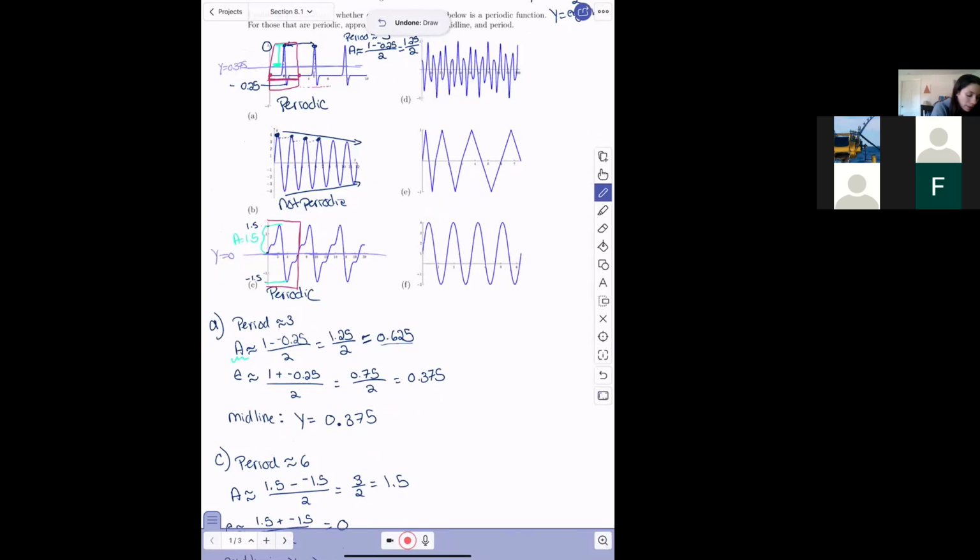D is not periodic. This one's kind of hard to track. You might think at some point that something has to be repeating. But if we just pay attention to our highest peaks, none of them are the same. So there's no point where we're repeating a cycle. E is not periodic.